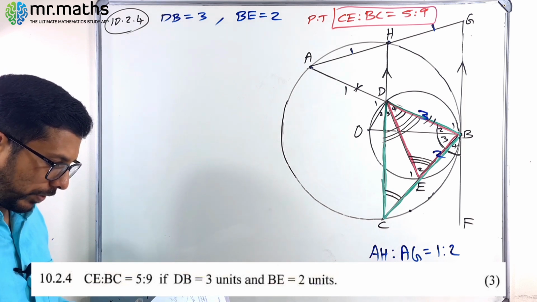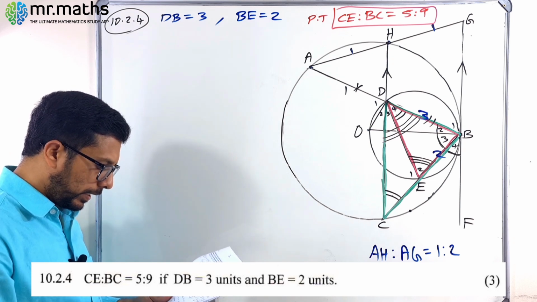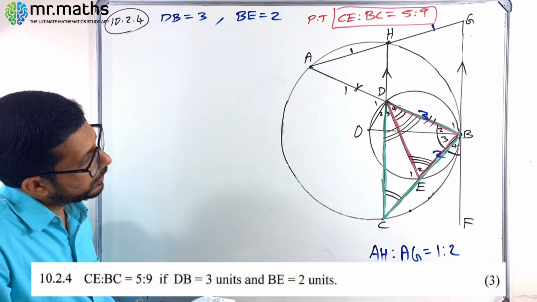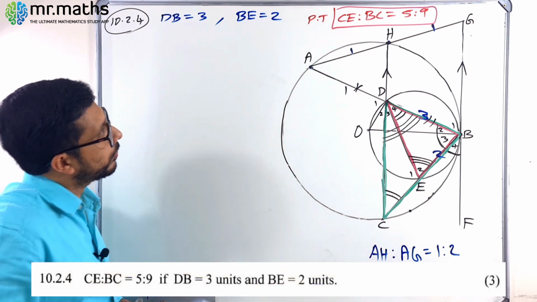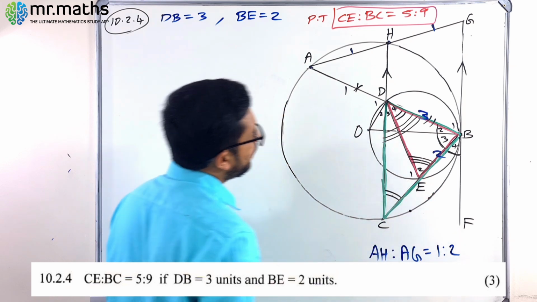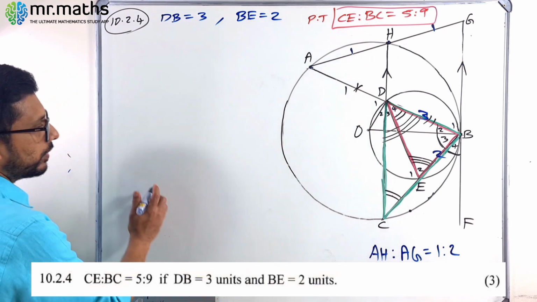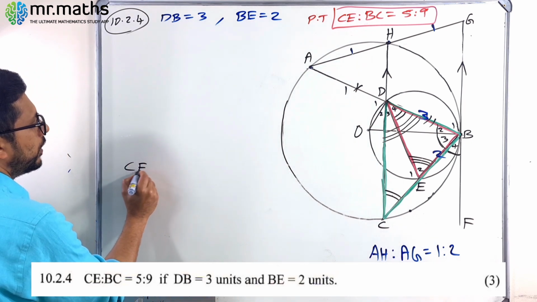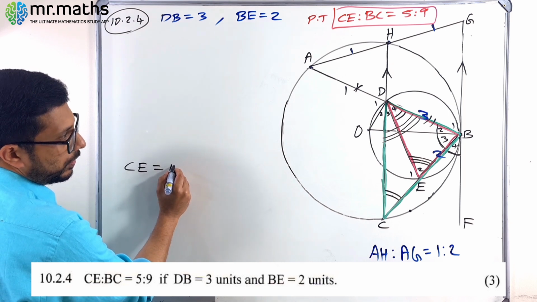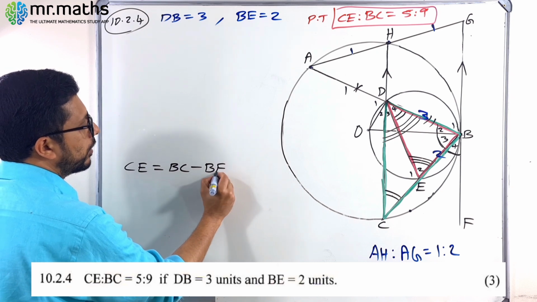So for that, what can we do here? What about CE? We have to prove that one. CE is to BC. We don't know anything about CE, but we can write CE is equal to BC minus BE. Am I right, guys?